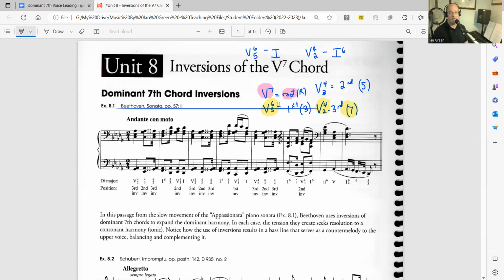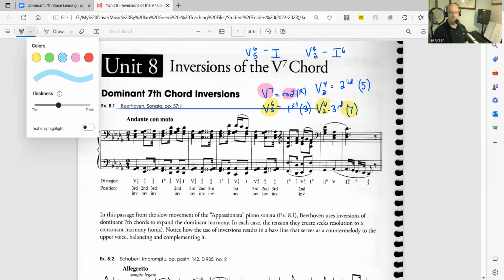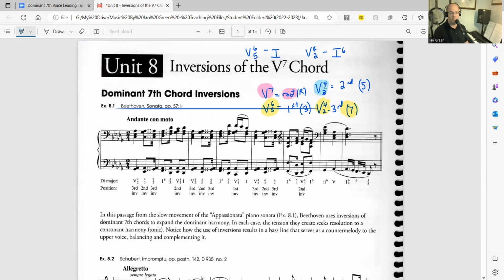The V6-5, with the Roman numerals and the functional chord symbol such as this, is where the third is on the bottom, which means that chord is first inversion. V4-3 would be where the second inversion is involved, and the fifth is on the bottom. And V4-2 would be where the third inversion occurs, and the seventh is on the bottom.